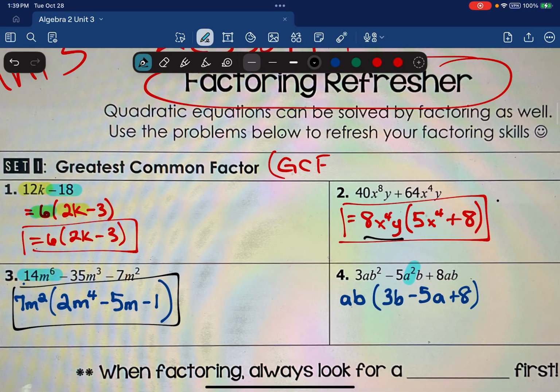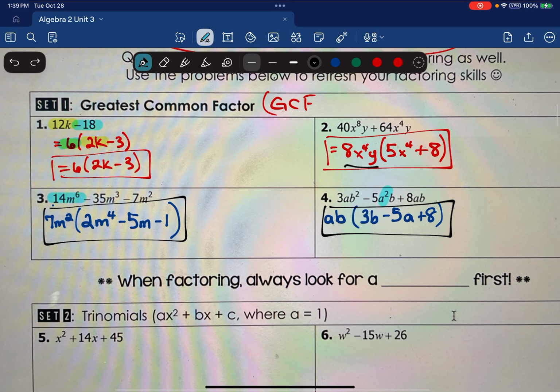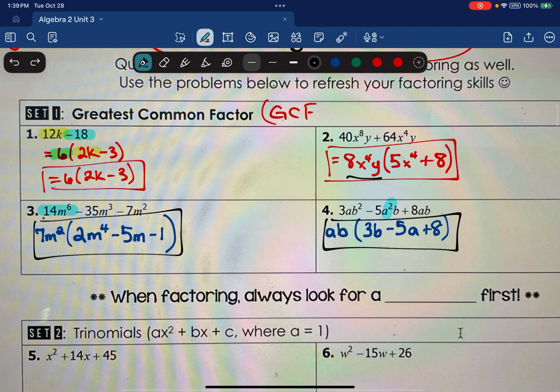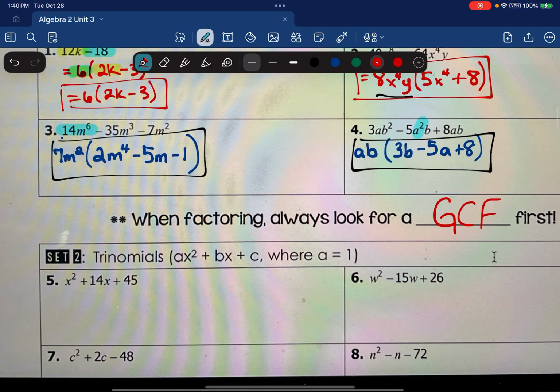All right, so that's greatest common factor. When you are told to factor, you always need to look for that greatest common factor first, no matter any of the other methods we're about to go over. So when you have a trinomial, you're going to check to see if there's a greatest common factor first.